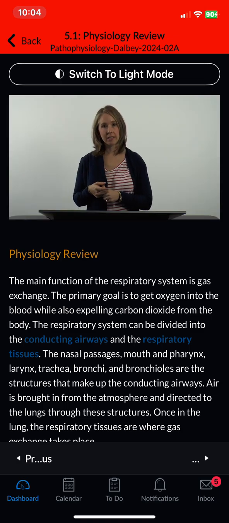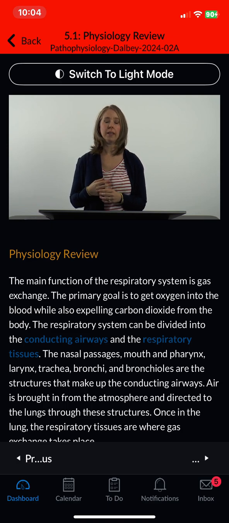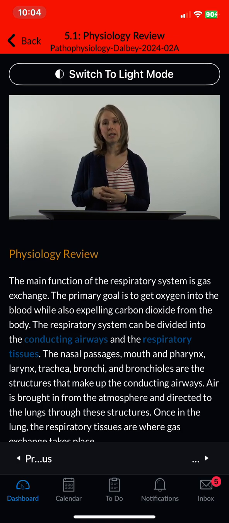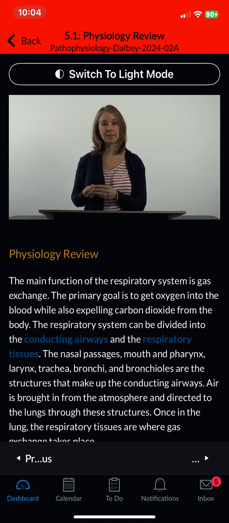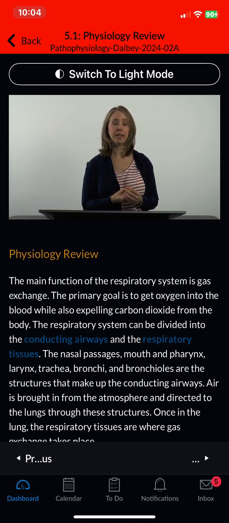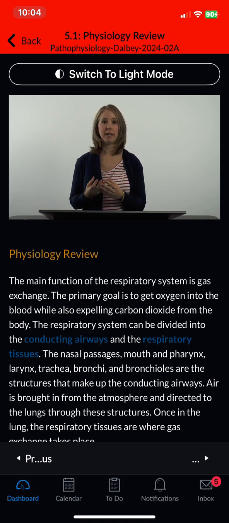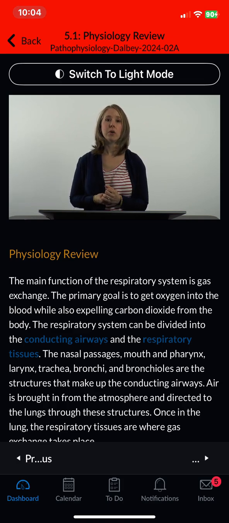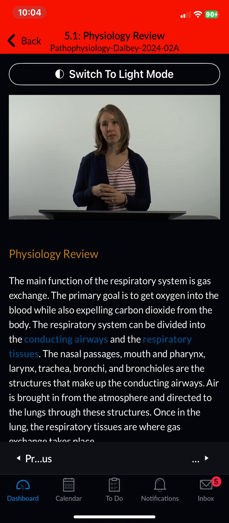Many of those diseases actually lead to the body not being able to bring in oxygen and not being able to eliminate carbon dioxide. And eventually, because carbon dioxide is tied to our body's pH, it leads to pH imbalances. And so we'll be ending this module by examining the respiratory system's job in helping our body to regulate pH.